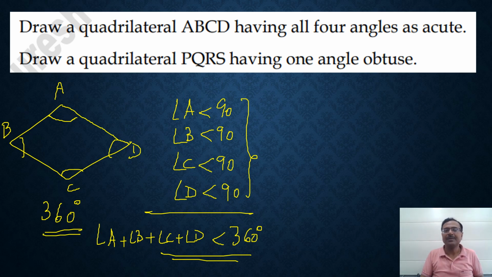How about the second one? PQRS having one obtuse angle. One obtuse angle, right? Can we draw such a quadrilateral? One obtuse angle means one angle which is more than 90 degree. Of course, yes, we can draw such a quadrilateral. Just look at this. This is an obtuse angle.